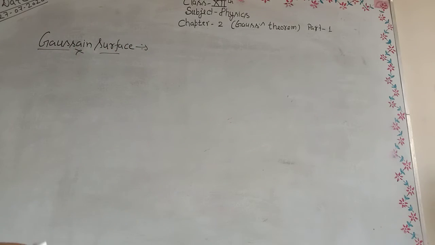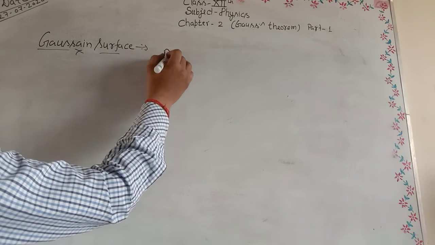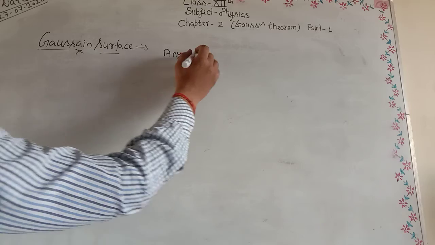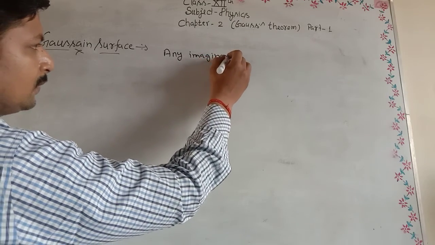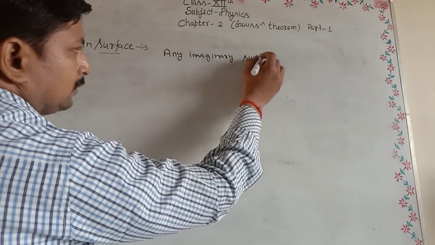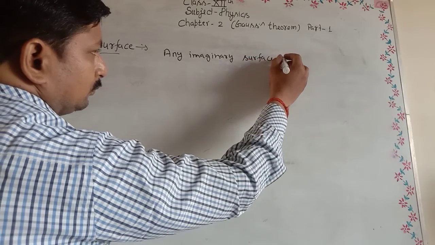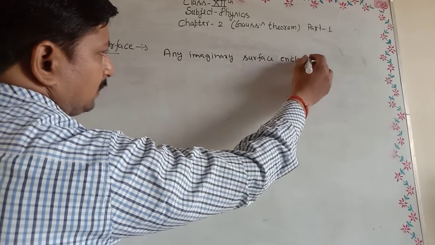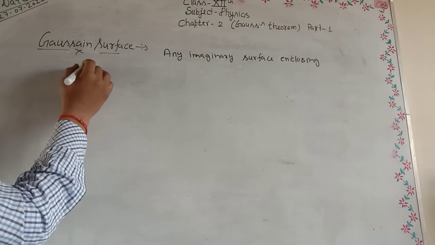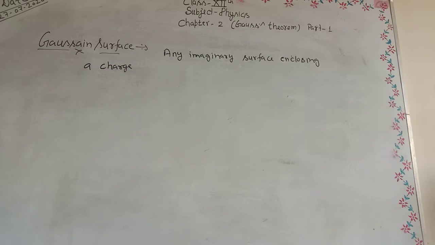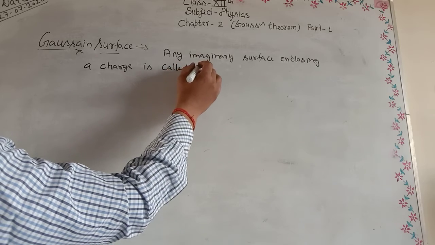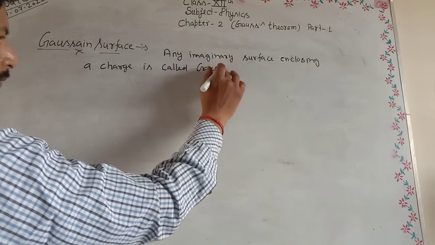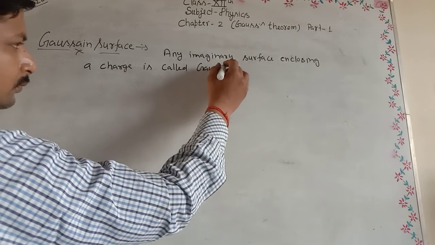What is the Gaussian surface? Any imaginary surface enclosing a charge is called the Gaussian surface.